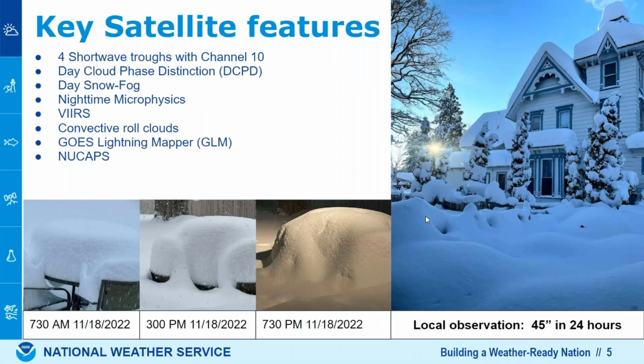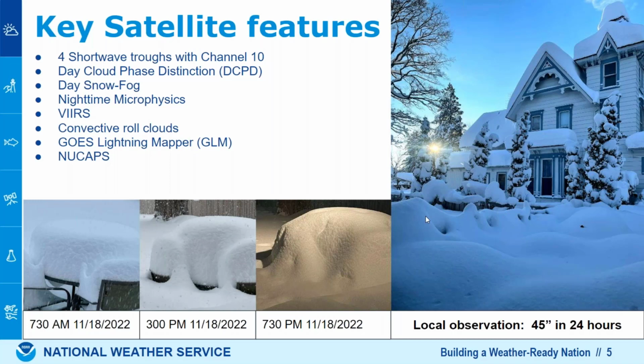Some of the things I'm going to talk about are 4 shortwave troughs that pretty much dictated where the lake band ended up, and you can see that on channel 10, or the mid-level water vapor. We'll look at several loops and some still images of day cloud phase distinction. We'll look at one loop of the day snow fog RGB.